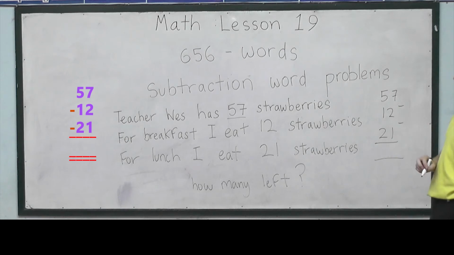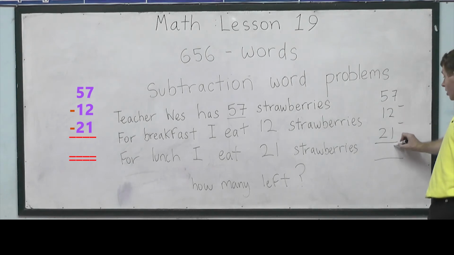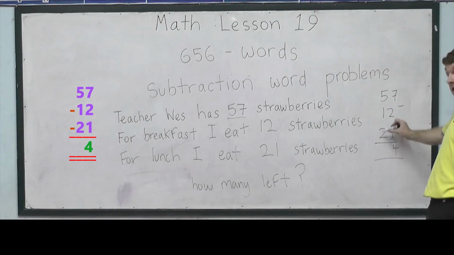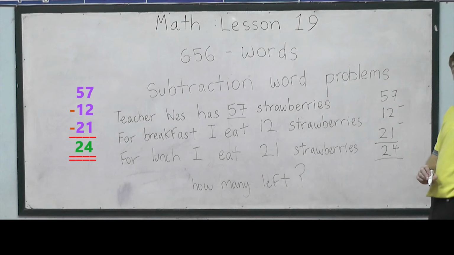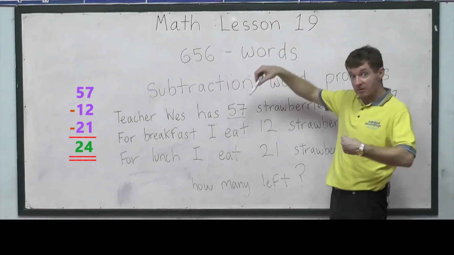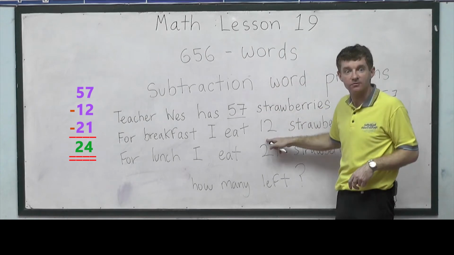So what's the answer? 7 minus 2 is 5, minus 1, 4. 50 minus 10 is 40, minus 20. So see, I had 57 strawberries, but then I eat 12 for breakfast.